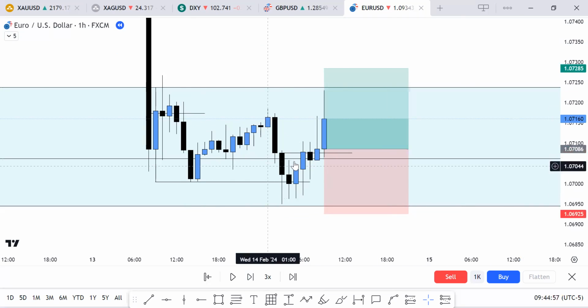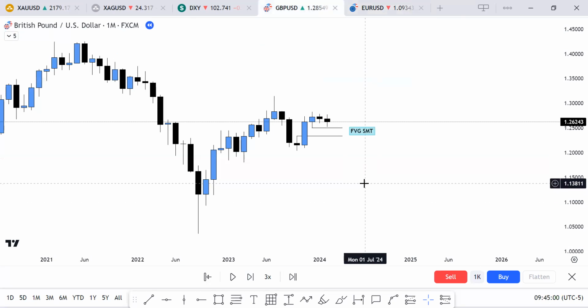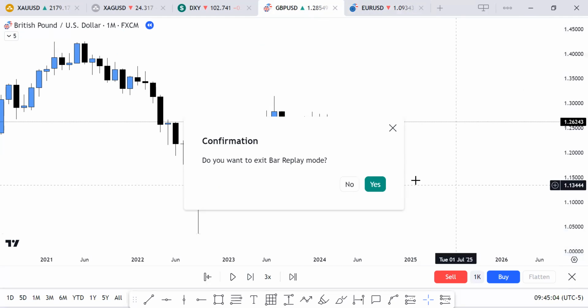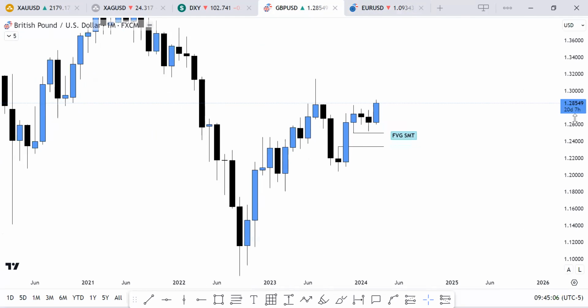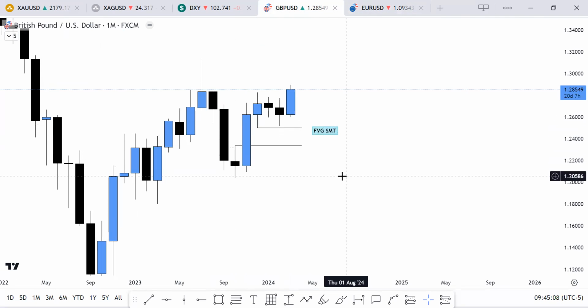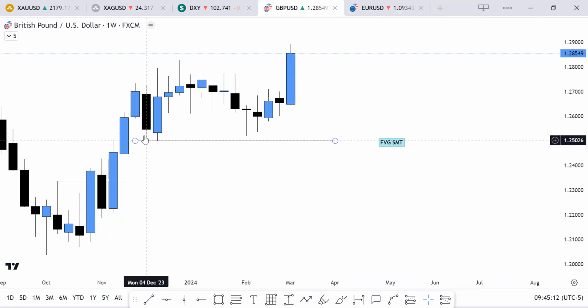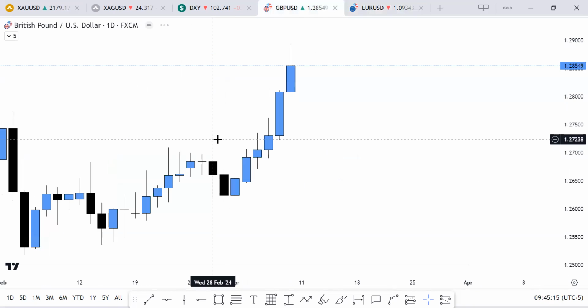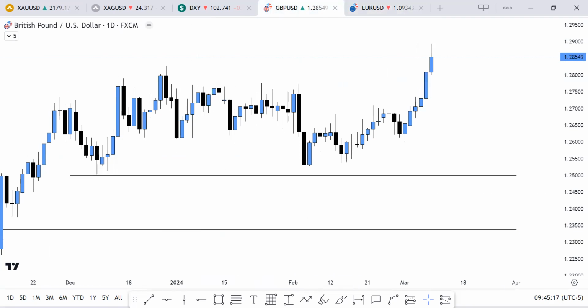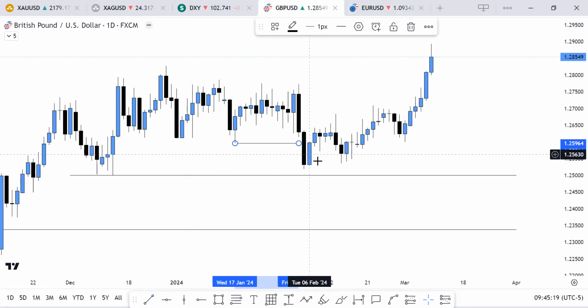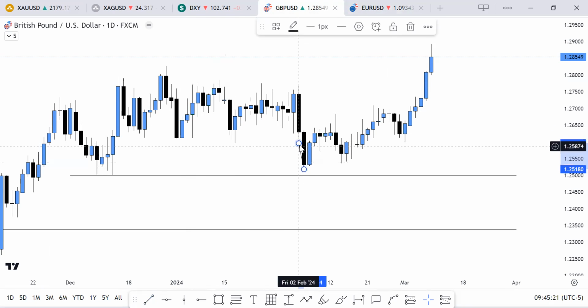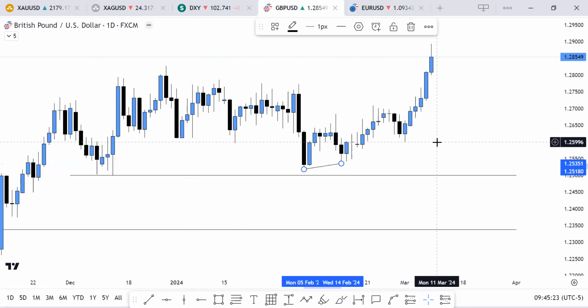So how do we use the divergence here? This was divergence basically. GU didn't tap into monthly fair value gap. It itself is a divergence for us. Then if we switch into the lower time frames, it left behind a liquidity pool. Check it out: low plus higher low.